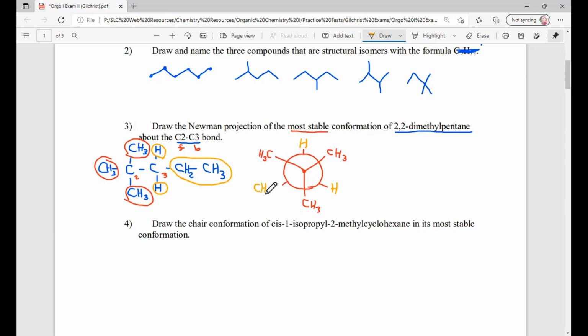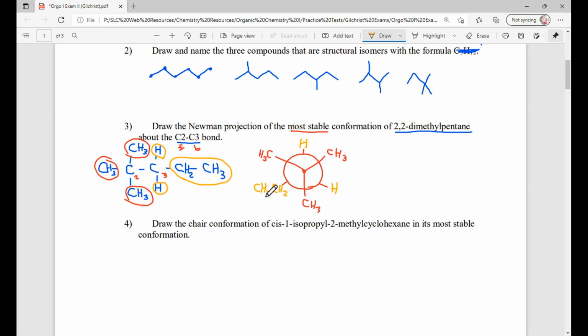CH2, CH3. And you might be wondering why I put the CH3 on the outside and the CH2 on the inside. Well, that's just because where it's connected to carbon 3, remember that big circle is carbon 3. Carbon 3 is connected to a CH2, which is connected to a CH3. Because I'm moving outwards this way, I had to write it like that.